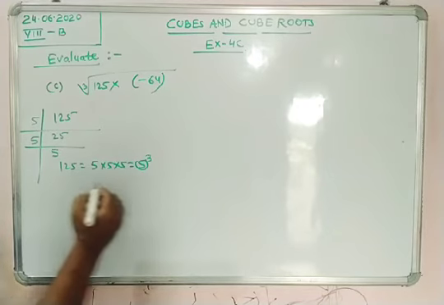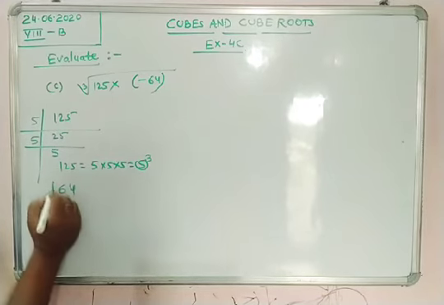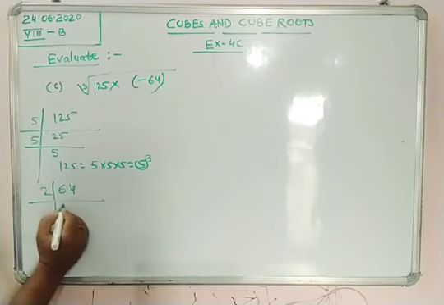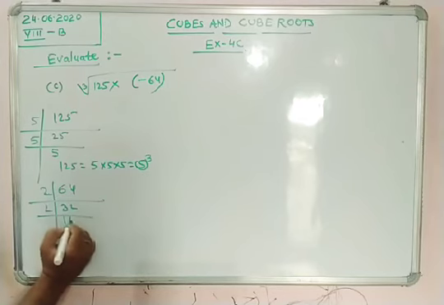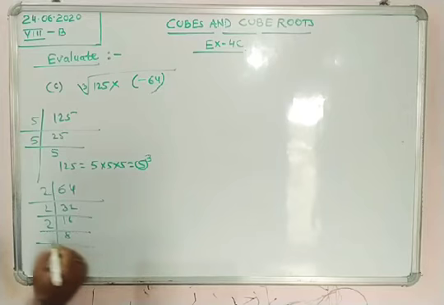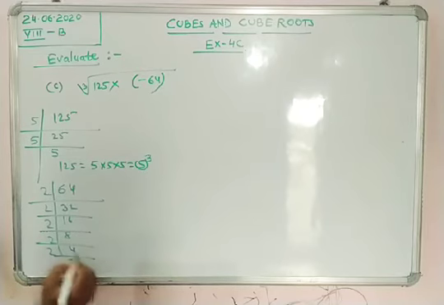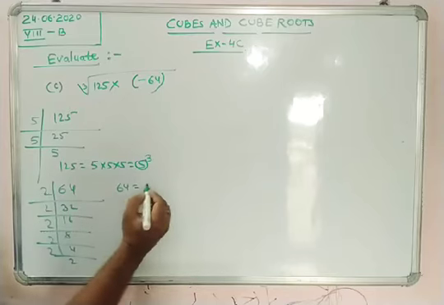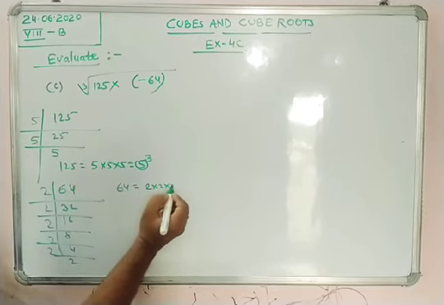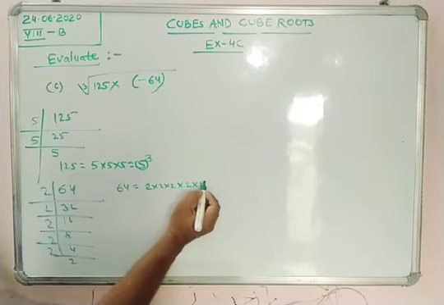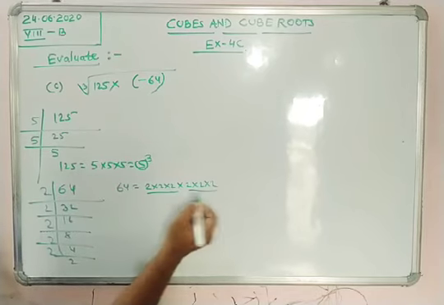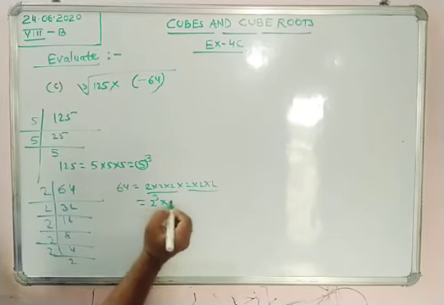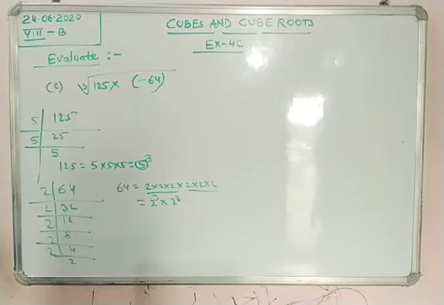Now 64 will be done in similar ways. 2, 32, 2, 16, 2, 8, 2, 4, 2 to the 4. So 64 will be written as 2 into 2 into 2 into 2, 2 into 2 into 2. So this is 2 cube into 2 cube.